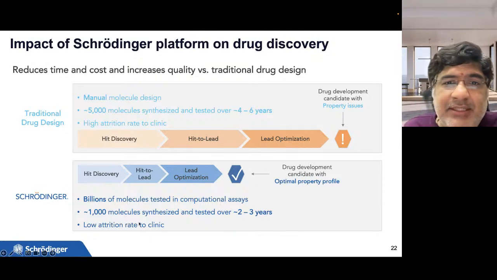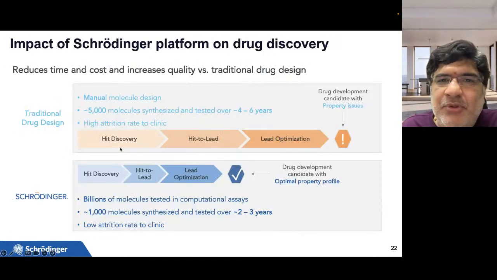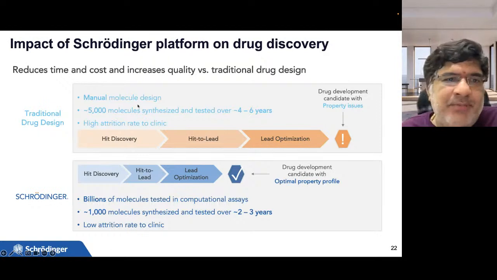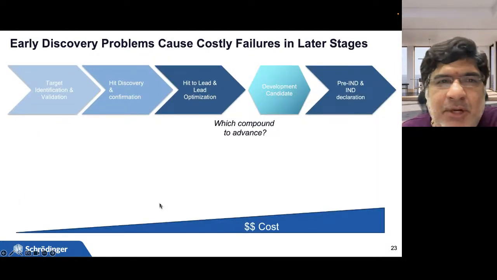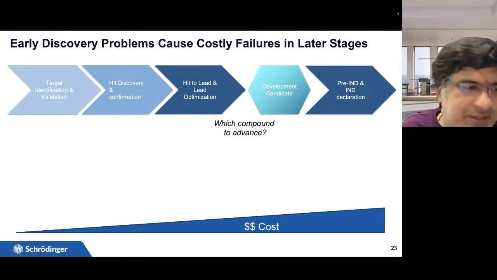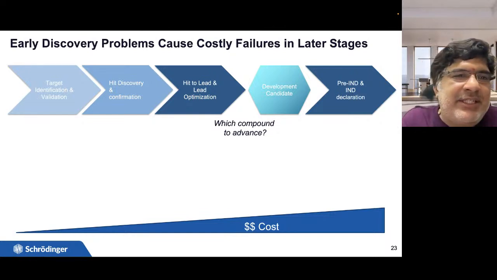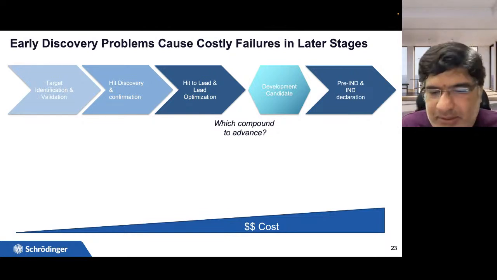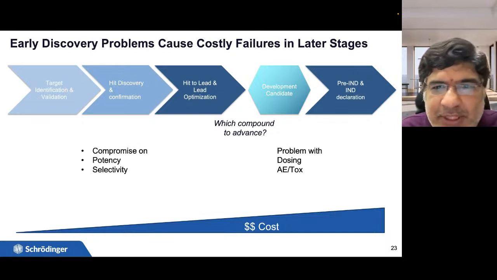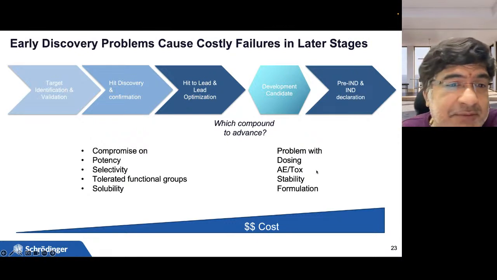So what happens if you compromise on certain properties? Our approach mainly is fail fast. If there is a problem in the molecule, you identify it at an earlier stage so that you don't spend more money. If you compromise on potency, then dosing would be an issue. If selectivity is an issue, then side effects would be a problem.